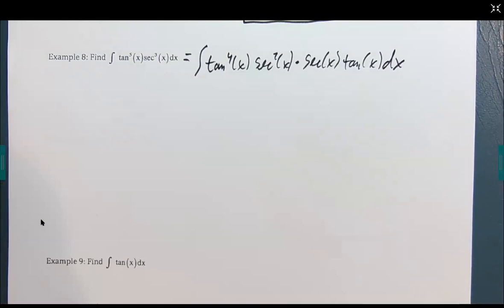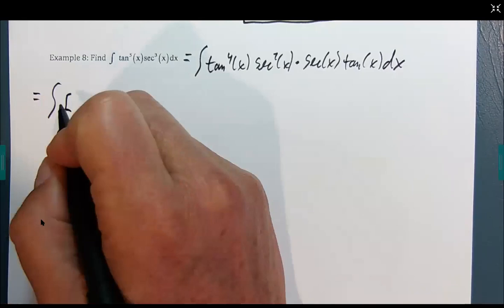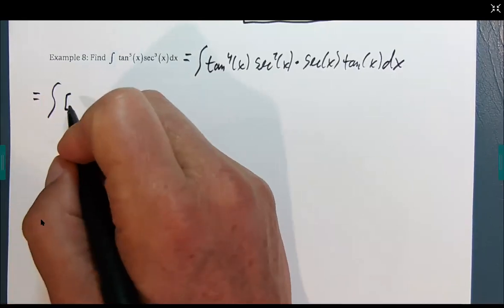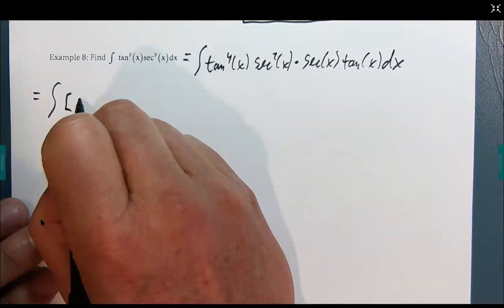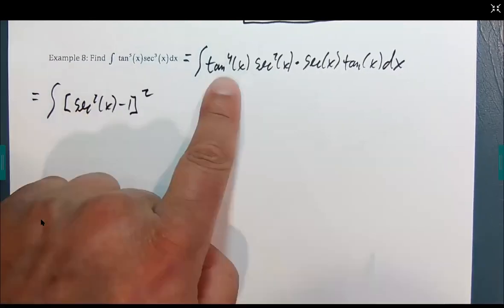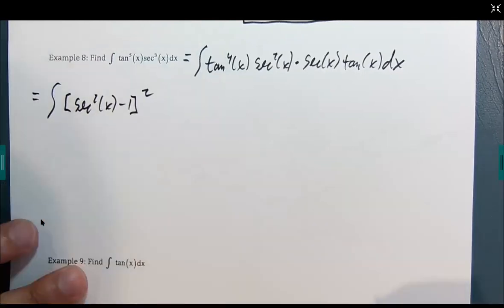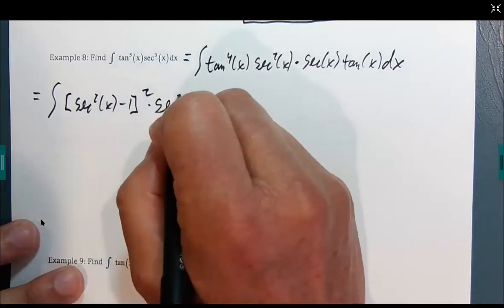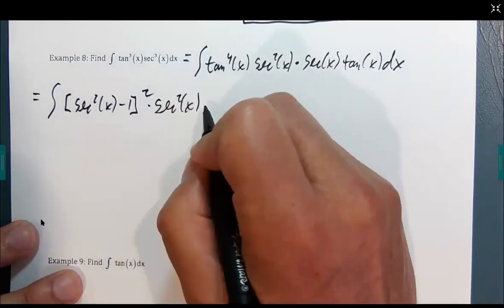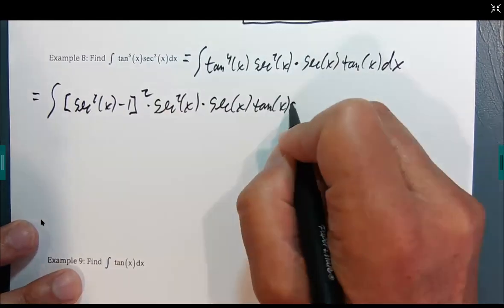So this is going to be rewritten as the integral of secant squared x minus 1 squared, because tangent to the fourth is tangent squared squared, so there's a squared, times secant squared x times secant x tangent x dx.